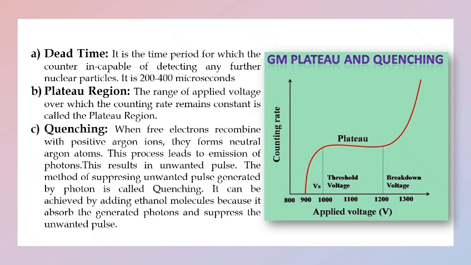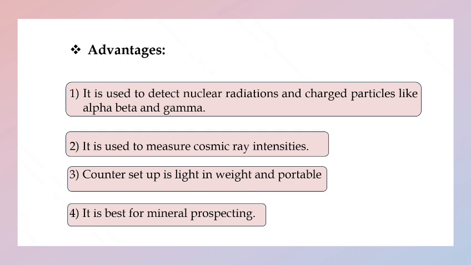Now we will see the advantages and disadvantages of GM counter. Here are the advantages of GM counter. GM counter is used to detect nuclear radiations and charged particles like beta and gamma. It is also used to measure cosmic ray intensities.